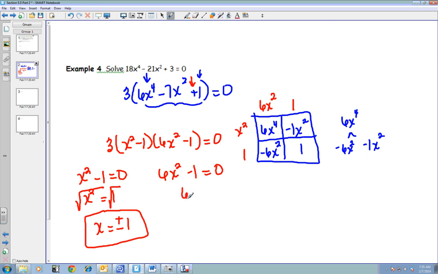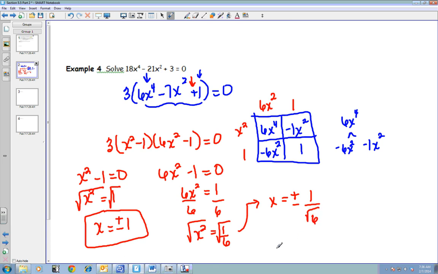I'm going to add 1 to both sides, so I have 6x squared equals 1. Divide by 6, and I get x squared equals 1/6. Take the square root of both sides, and I have x equals plus or minus the square root of 1, and that's 1. Take the square root of 6, and that's not a perfect square.